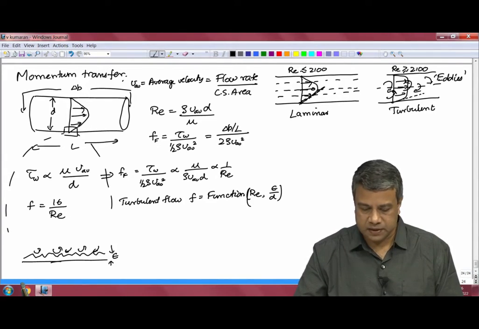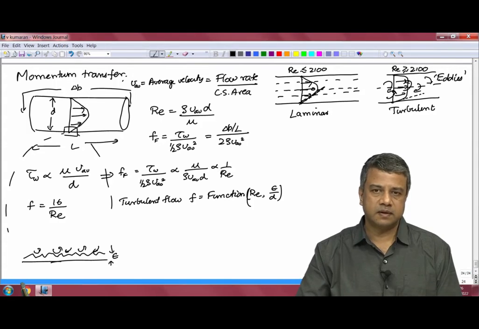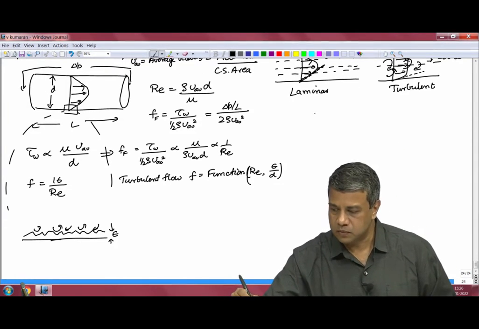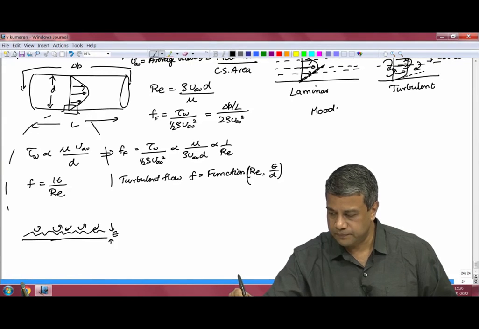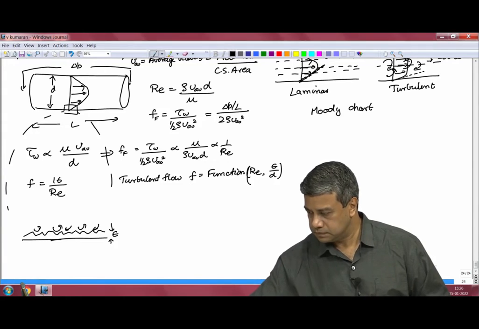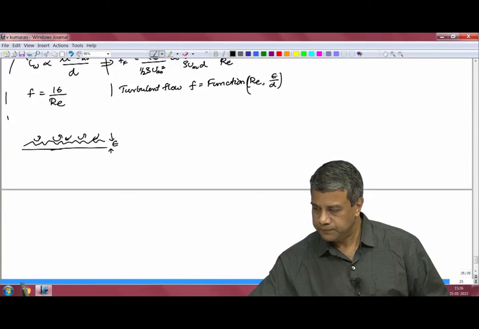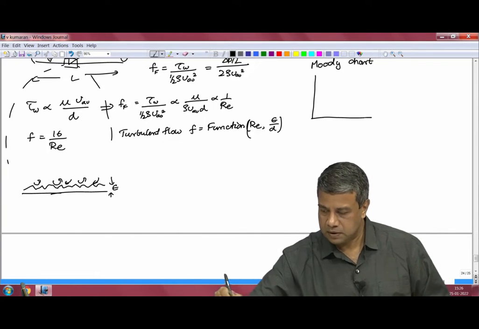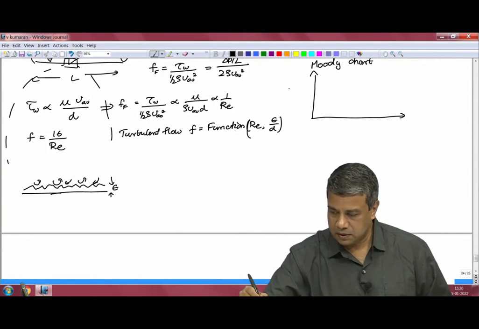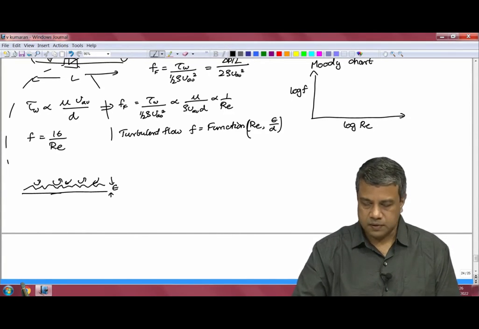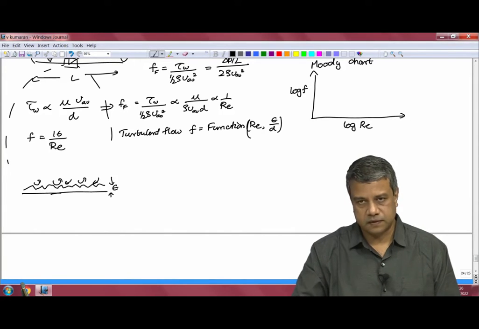And the friction factor plots for a turbulent flow are often shown in what is called a Moody chart. In a Moody chart, you plot the log of the friction factor versus the log of the Reynolds number.